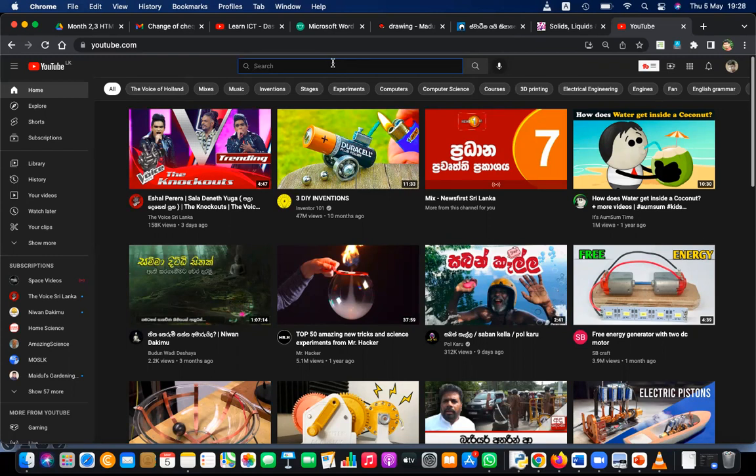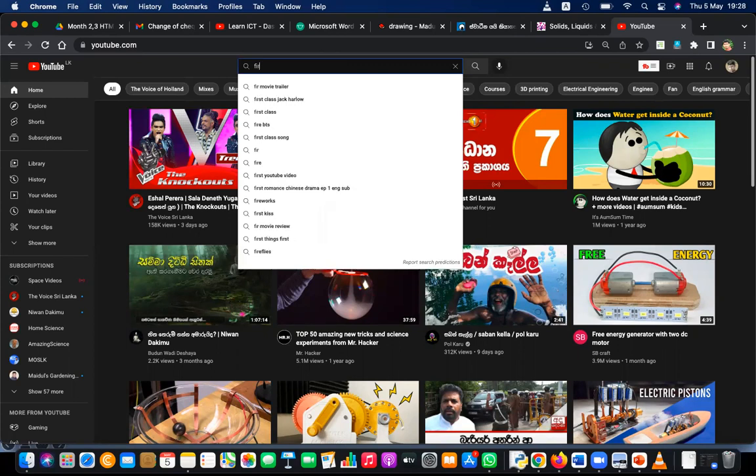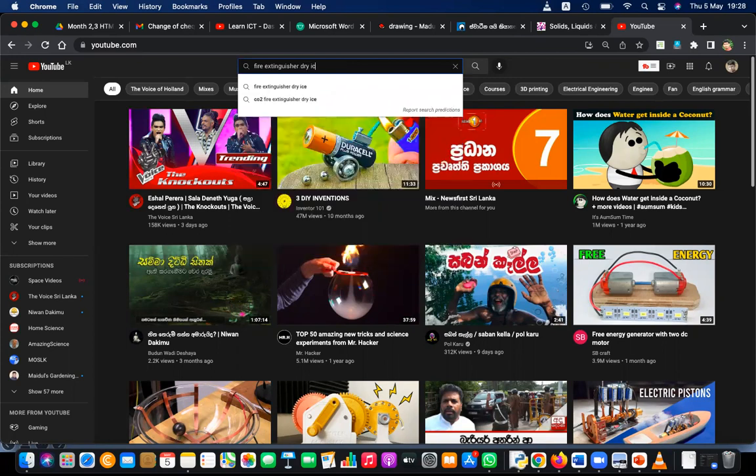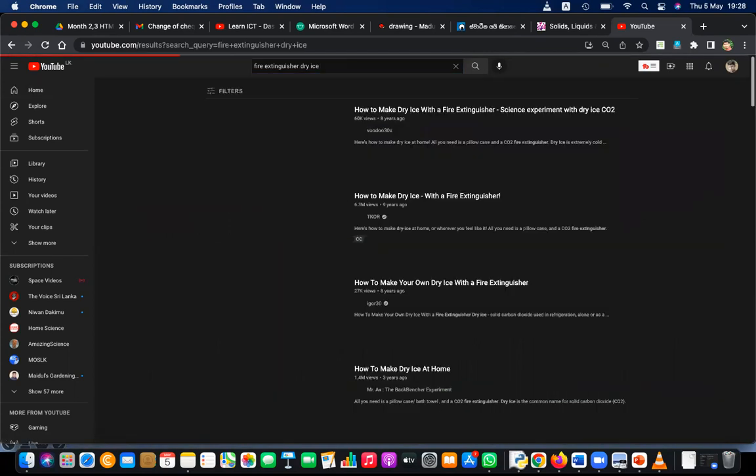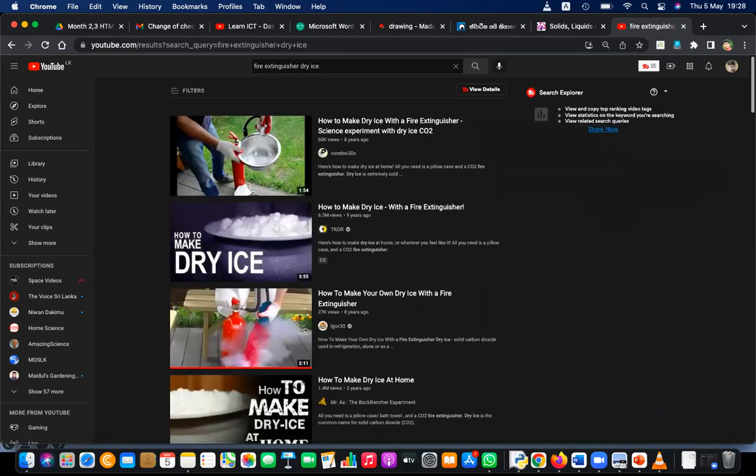That dry ice, you can put into water. I'll show that. You can do the experiment, but with the help of an adult. This is not dangerous, but do it with an adult.